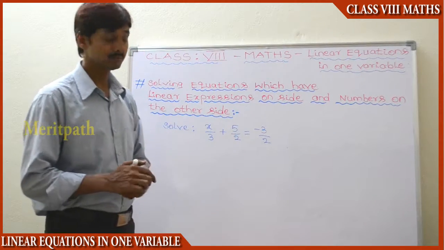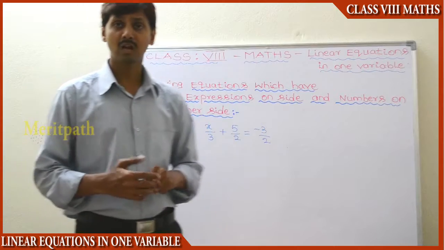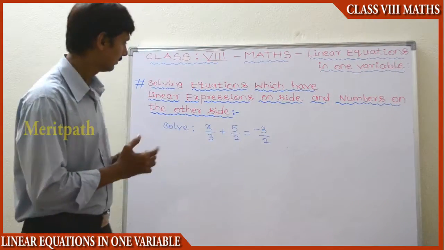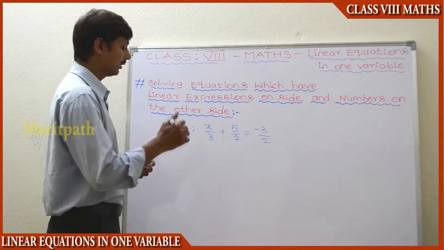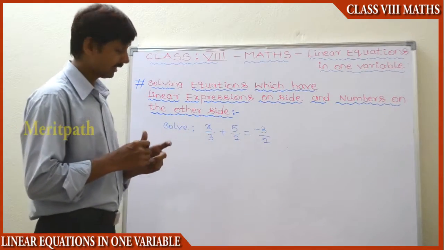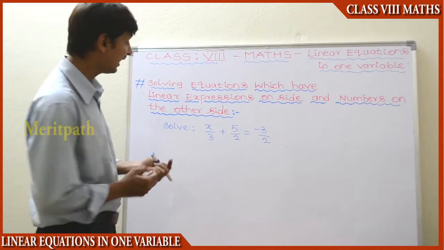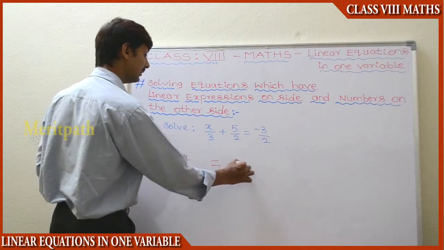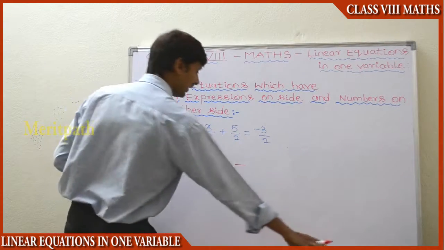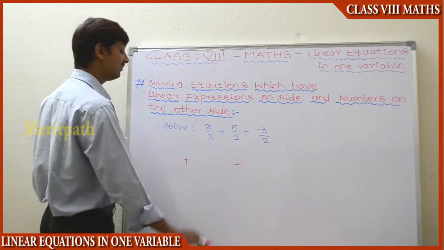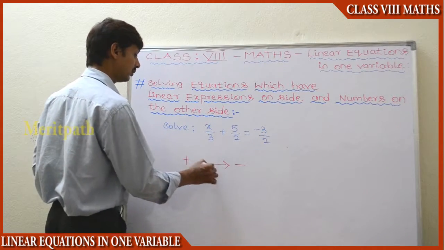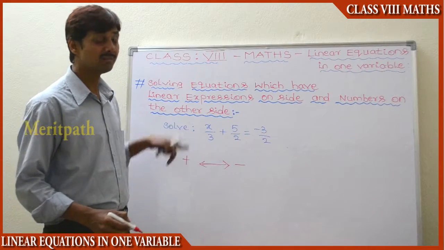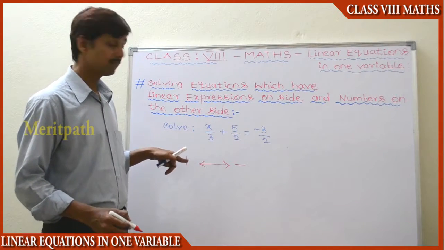So let's solve this. We have learned the rule of transposition. The rule of transposition works in this manner: if a plus value is on the left hand side of the equation, then plus will be changed to minus when we transpose it to the right hand side, and if we take a minus value and transpose it to the left hand side, it changes to plus.